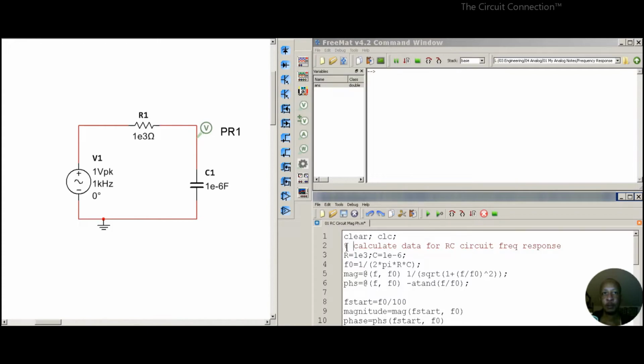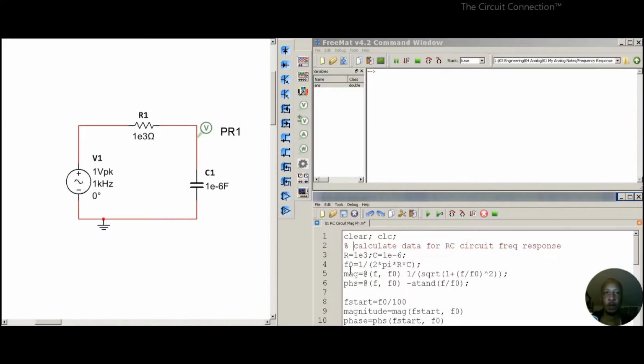Next, in my code, I calculate data for the RC circuit frequency response. Again, R is at 1k, C is at 1 micro.